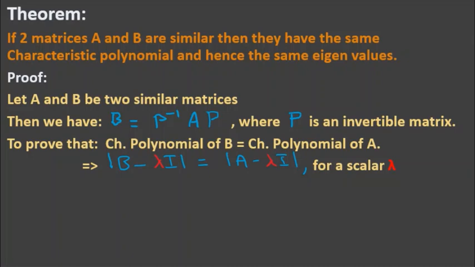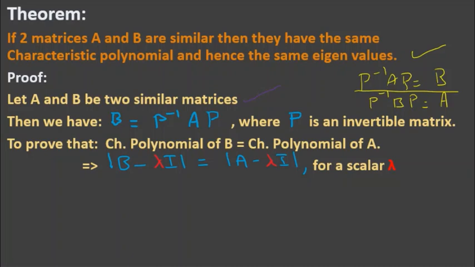So let A and B be any two similar matrices. Now what does the definition of similar matrices say? Then we have two things. Either P inverse AP is equal to B or P inverse BP is equal to A. So here I have taken the first one, that P inverse AP is equal to B. So that is what we have written.